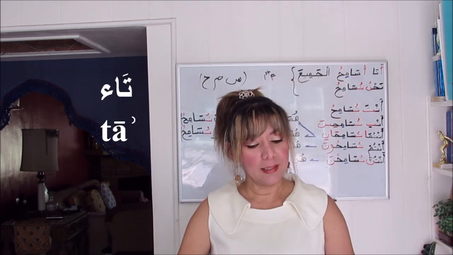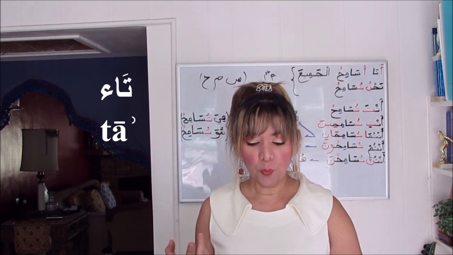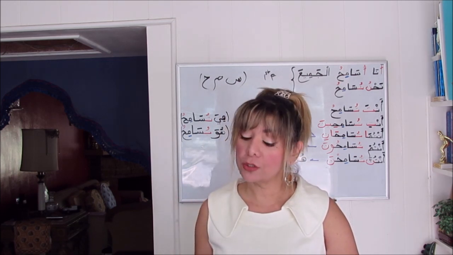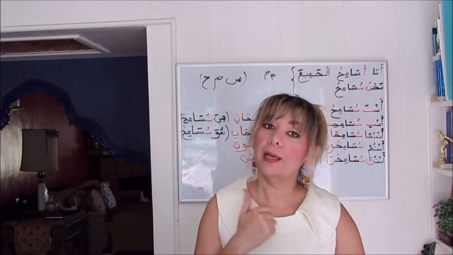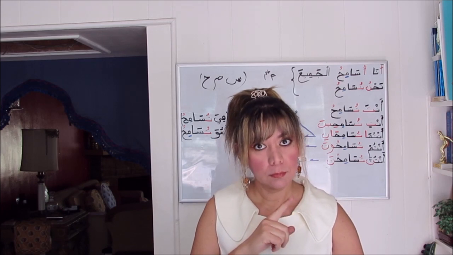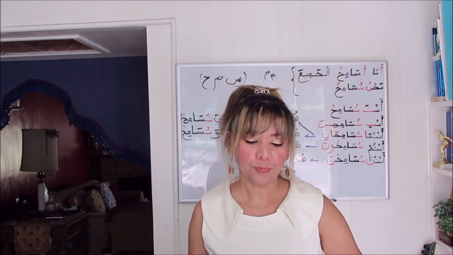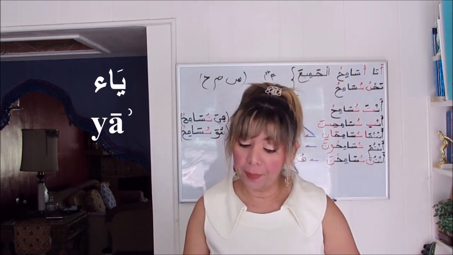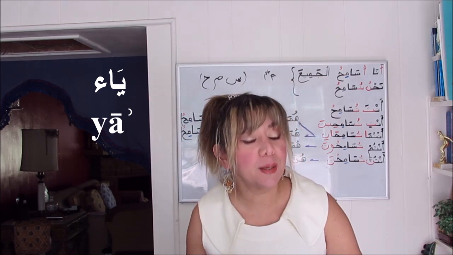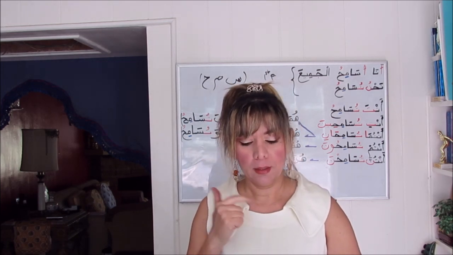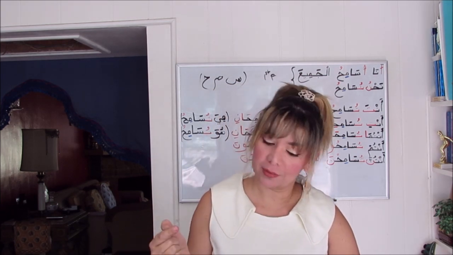The ta is prefixed to the second person singular, dual, and plural conjugations, plus the third person feminine singular hiya and dual huma. The letter ya appears as a prefix with the third person masculine singular, masculine dual, and both genders plural.